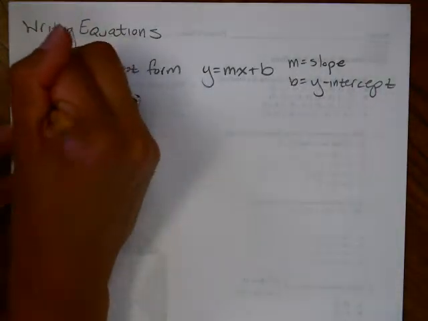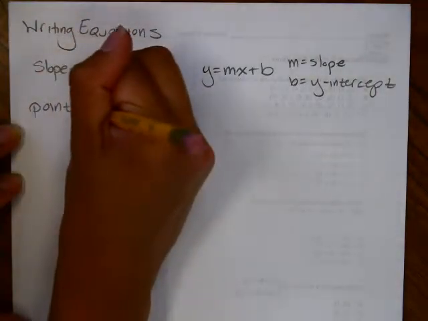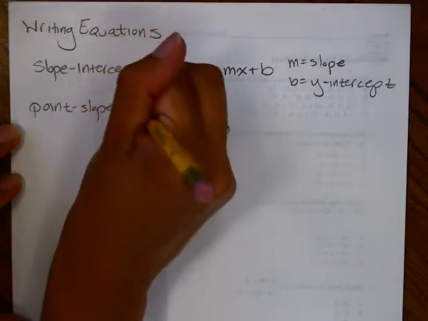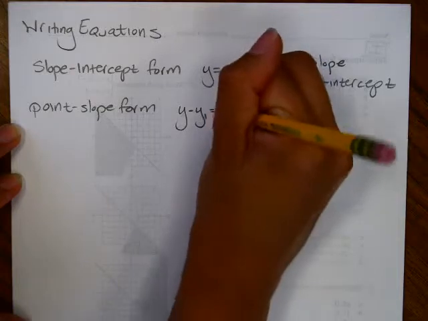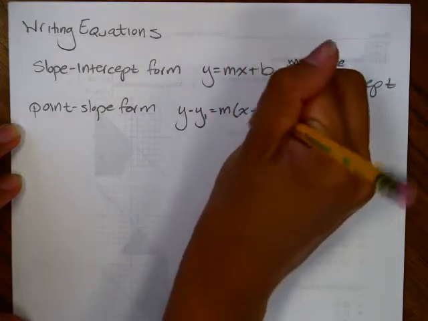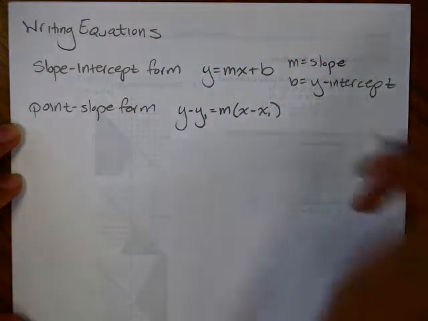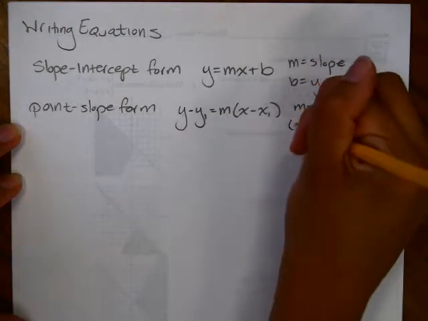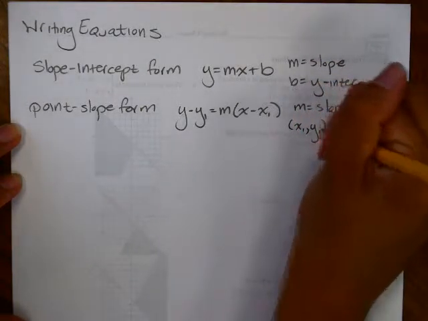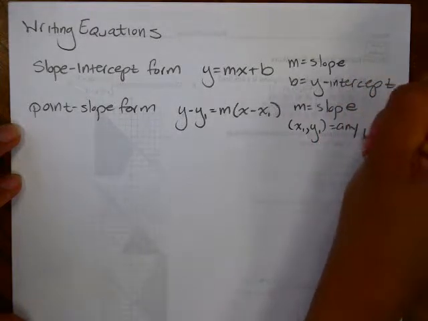You also have point-slope form, y minus y1 equals m parentheses x minus x1. And here the m is still our slope, and (x1, y1) is any point on the line.